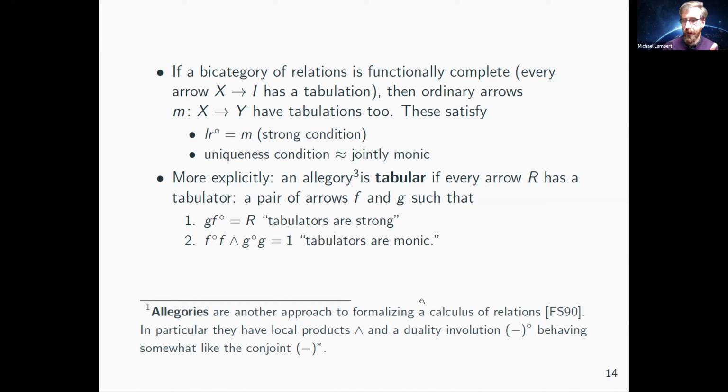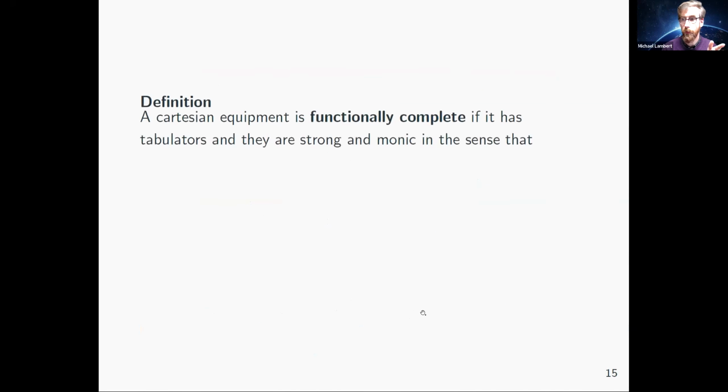So this, I think, is the key for Cartesian equipments. We have local intersections. So we'll just jump right to the chase here. We'll skip just having certain tabulators or whatever. We'll just ask for all tabulators, and we'll ask that they're both strong and monic in these senses.